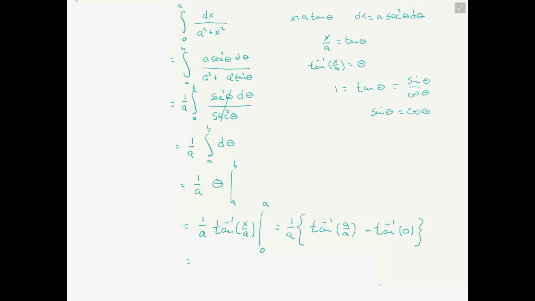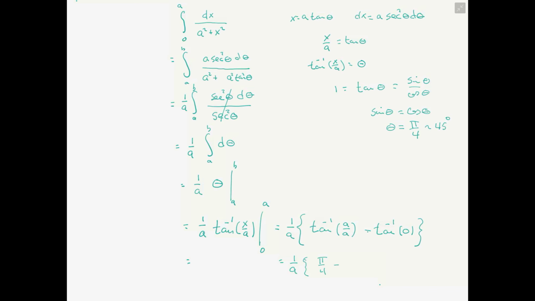And that happens to occur when theta is pi on 4, or 45 degrees. So we know that 1 on a times pi on 4, minus 0.